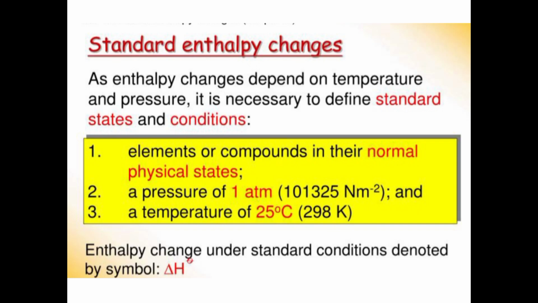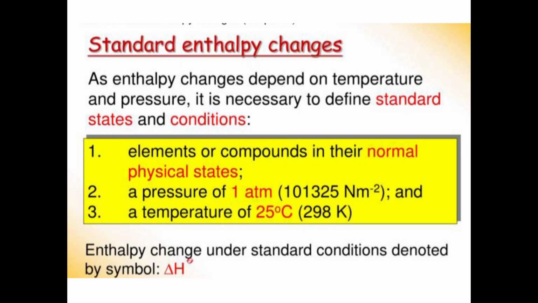So for standard enthalpy changes, there are three factors that affect that standard. A standard enthalpy change must occur at a pressure of 1 atm, a temperature of 25 degrees Celsius, and with the elements or the compound in their normal physical state.